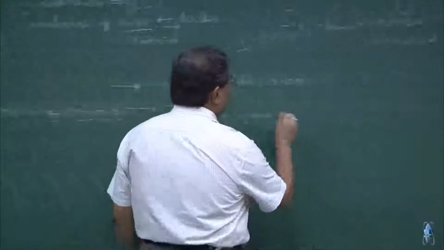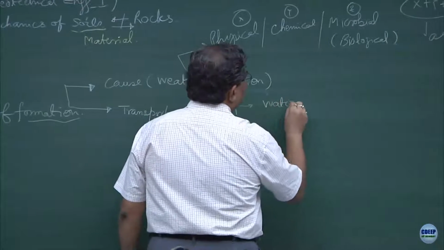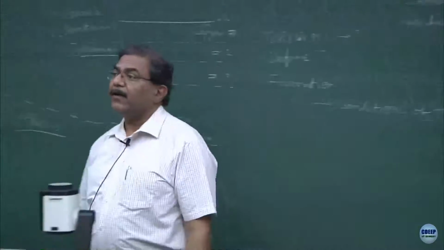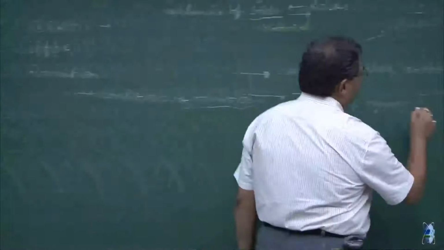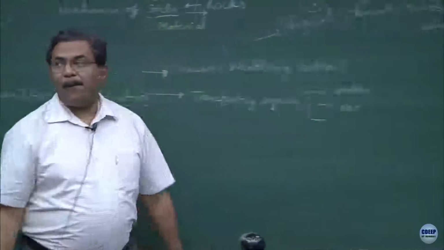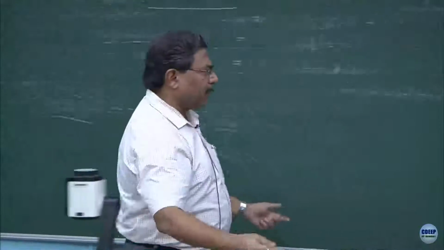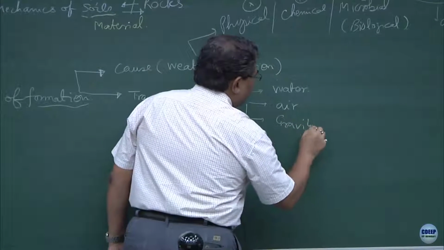Very nice. So, transporting agencies would be either water, yes, in most of the cases this is water, sorry, rains, winds, air, nice, good, next, very good, it could be gravity, yes, why not, what else?